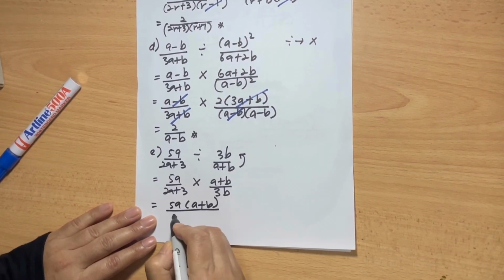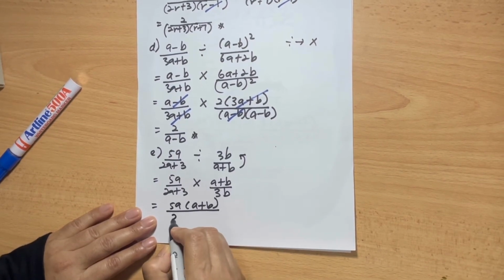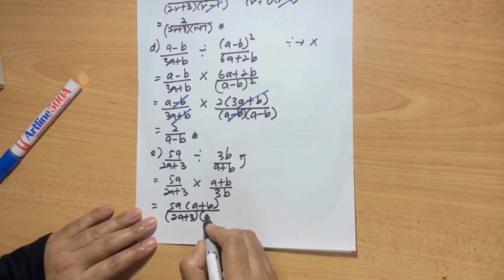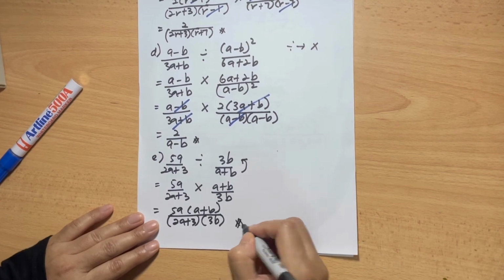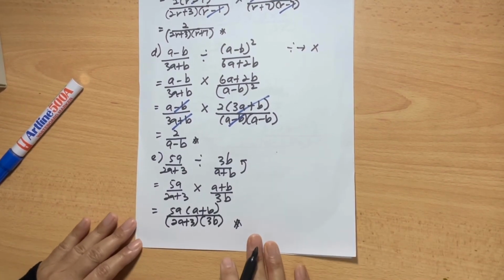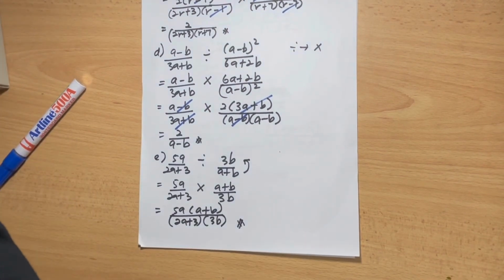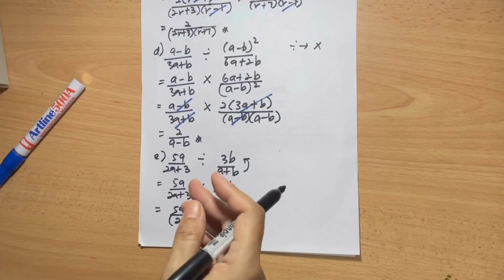So it becomes 5A times A plus B, and here 2A plus 3 times 3B. So this is the answer, because you cannot do any cuttings here. So you just leave it like this. I've already finished discussing E.